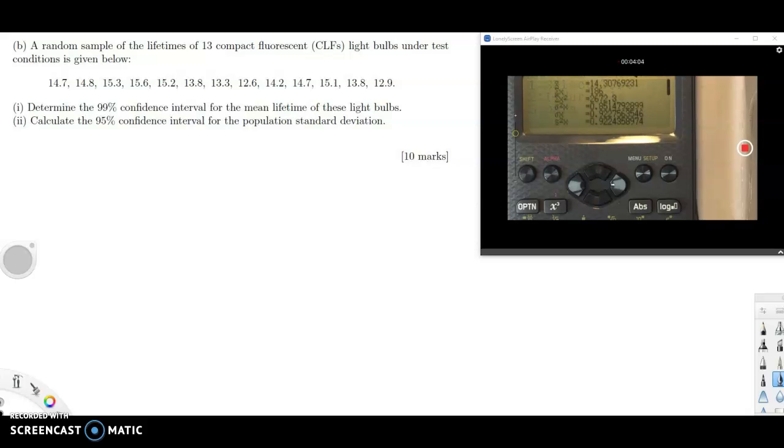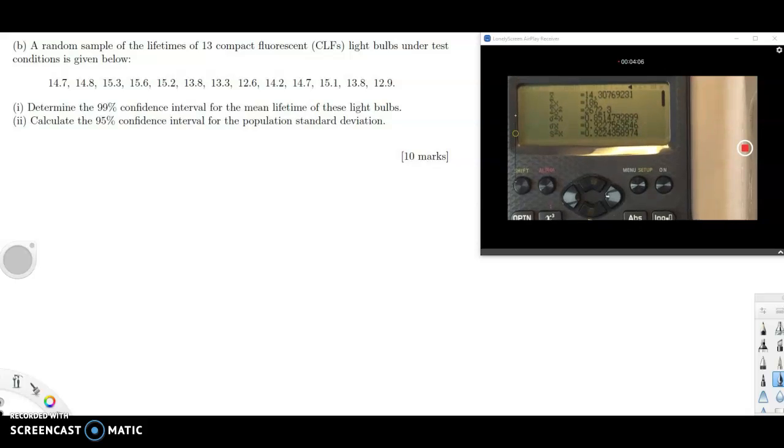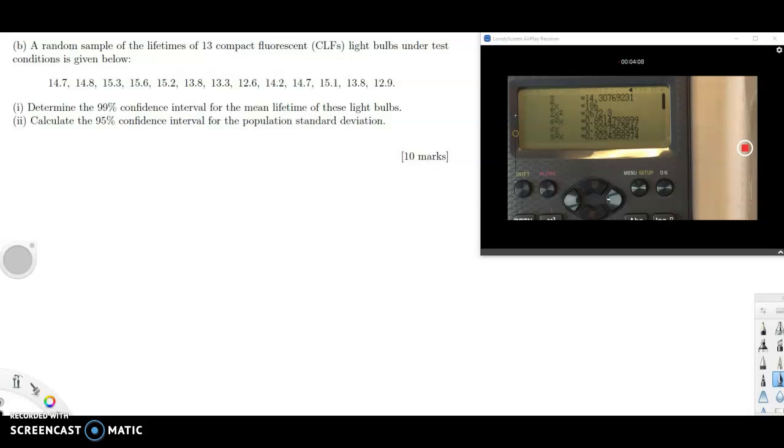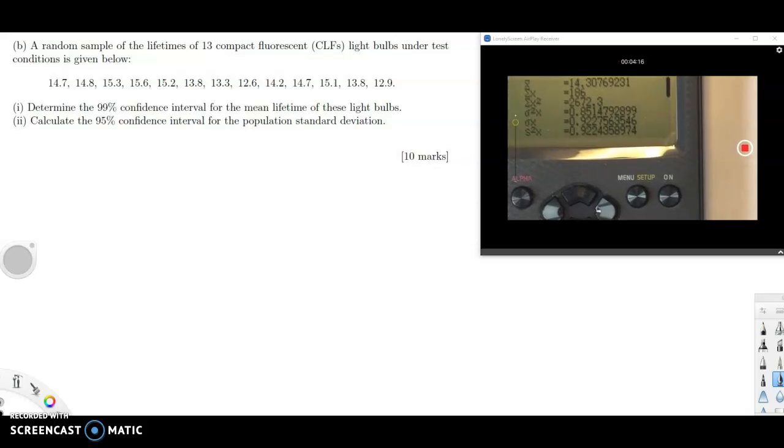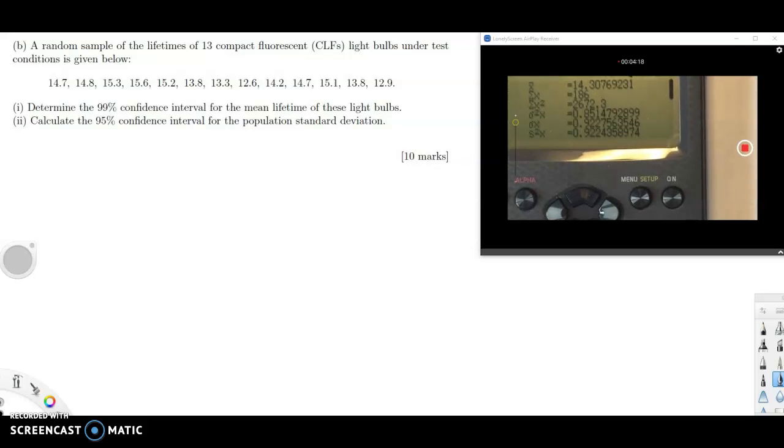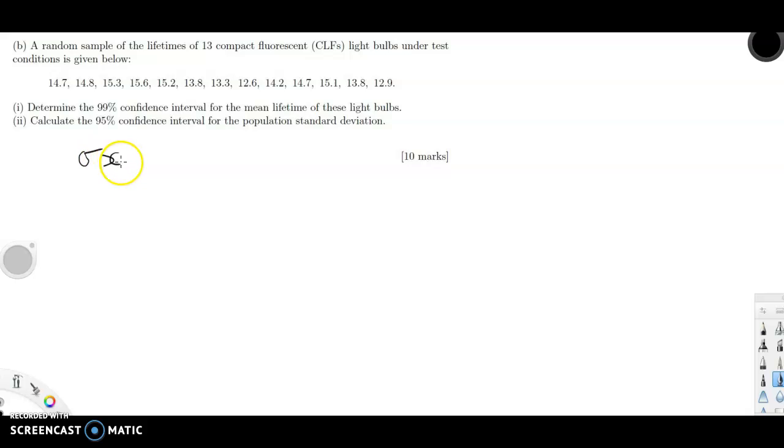Press 2, and here's our summary statistics. They come up on the screen. Right, and we have sigma x.